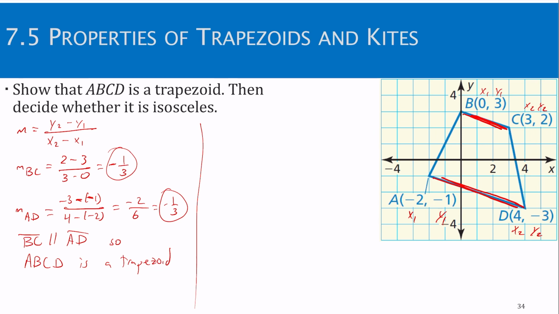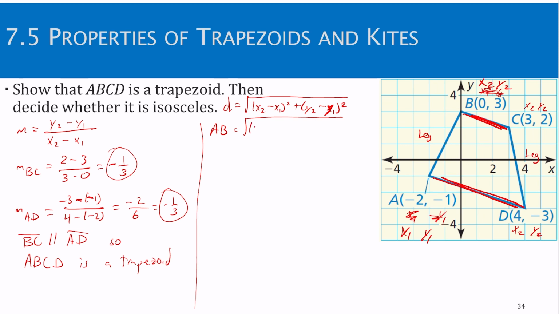Now, is it isosceles? To be isosceles, the legs would have to be the same length. So we'd use our distance formula. So for AB, maybe I'll call A x1, y1, and B I'll call x2, y2.